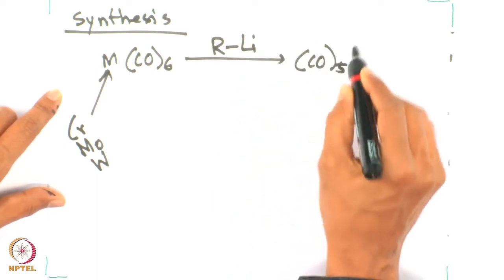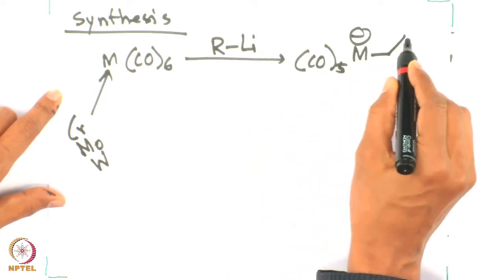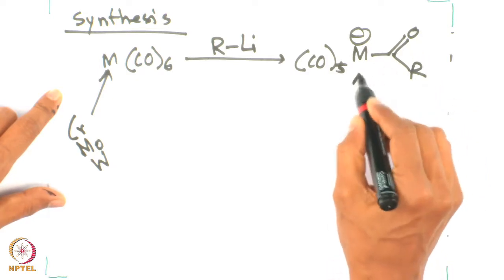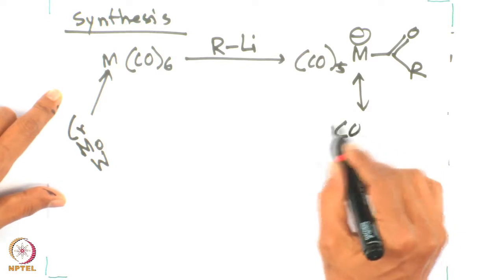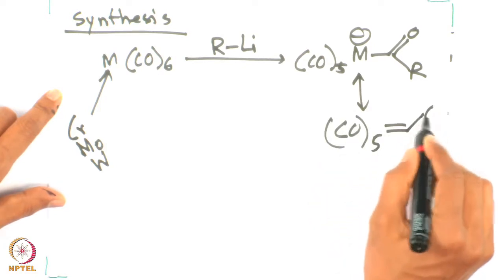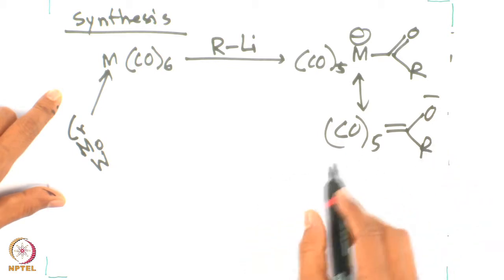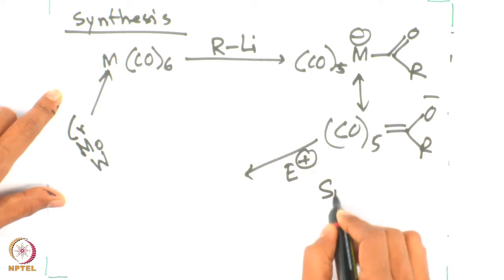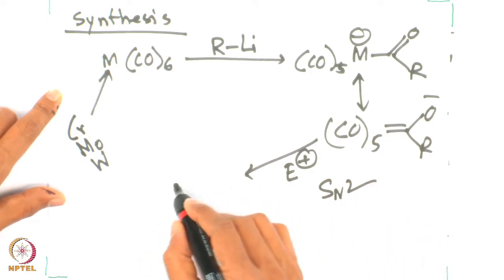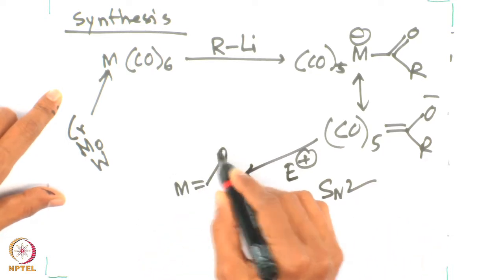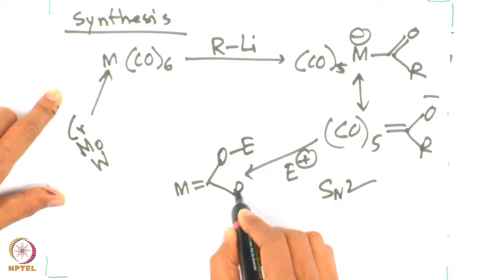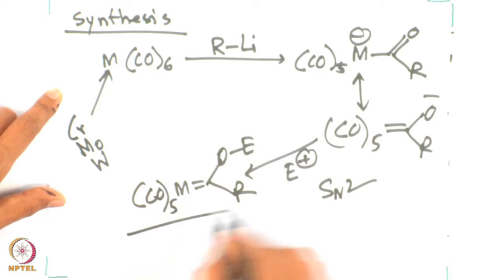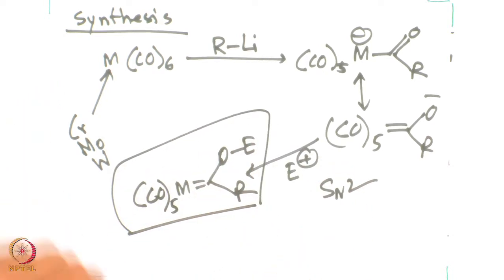We have discussed this briefly in the beginning part, and from there on you can have this intermediate where there is a resonating structure between these two species, and from which you can add an electrophile. So, basically this is an SN2 reaction from where you can get your product, that is the Fischer carbene. So, this is the Fischer carbene that you are looking at.